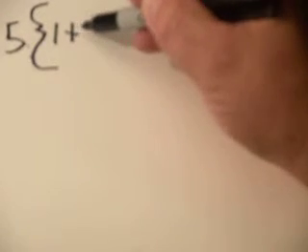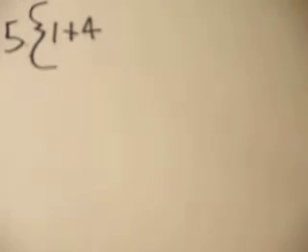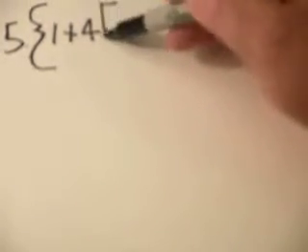So let's see how that would work with a problem you might see. Let's say you have a problem that looks like this. 5, and let's say there's some brackets and some parentheses involved. Maybe the outermost might look like this, some brackets like this. And you have a 1 plus 4. And maybe there's an inner set of brackets.